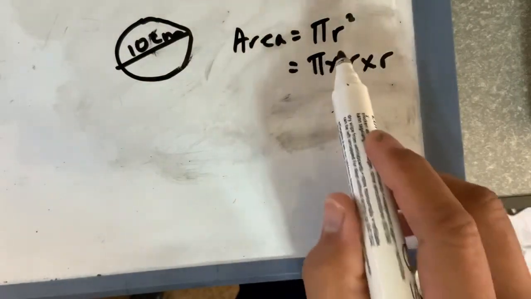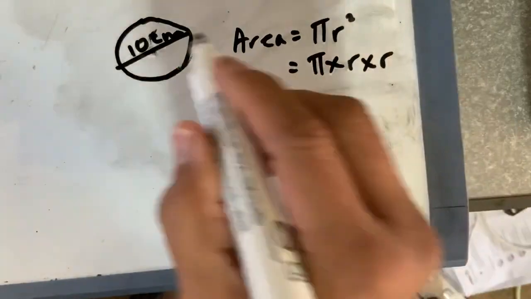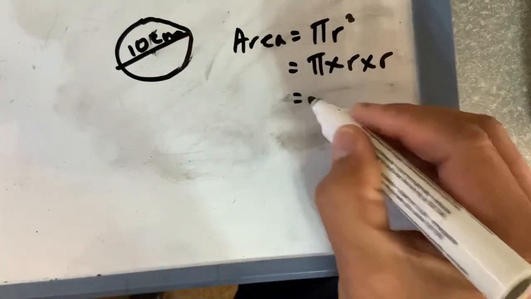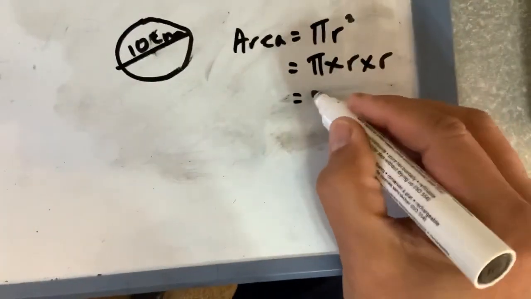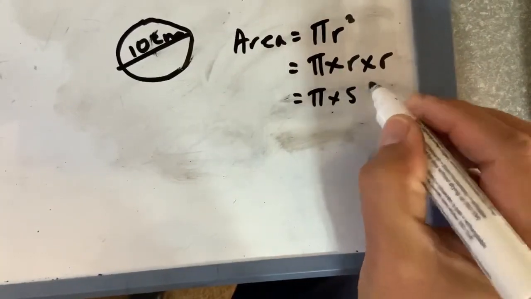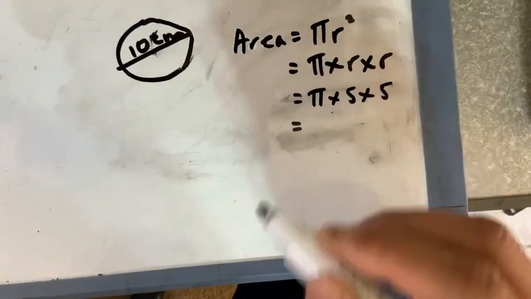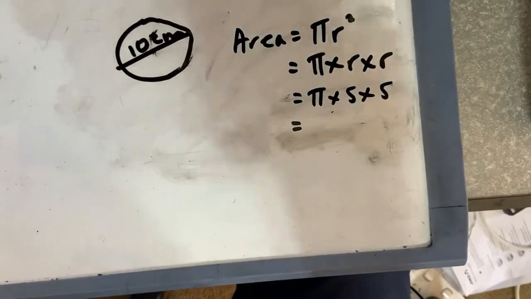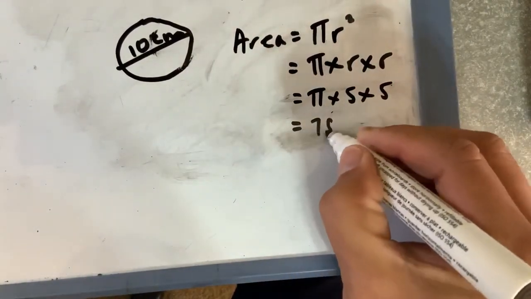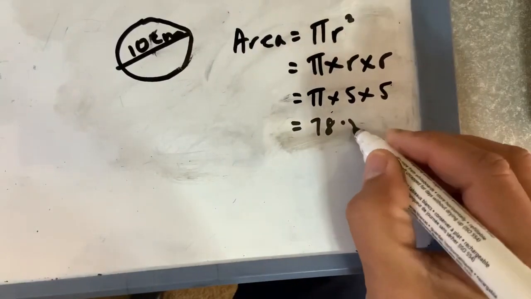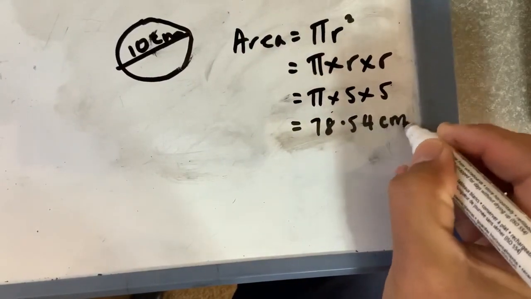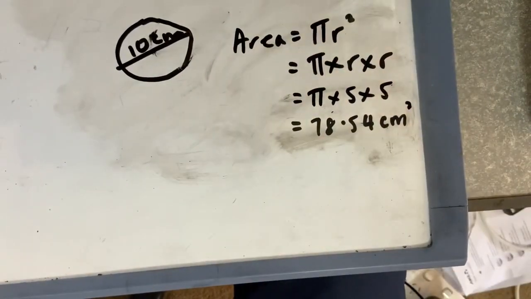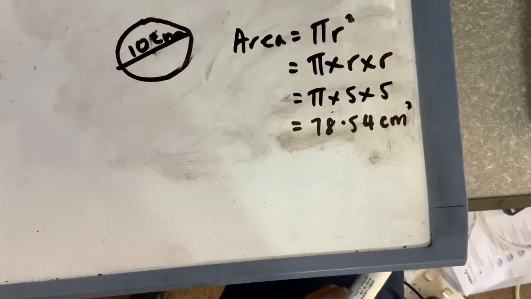Area is pi times radius times radius. This time, because the diameter is 10, the radius must be 5. So it's going to be pi times 5 times 5, and the answer is going to be 78.54 centimeters squared.